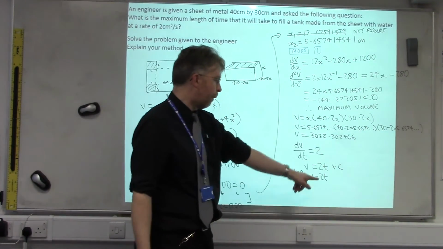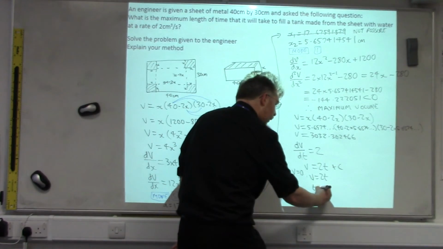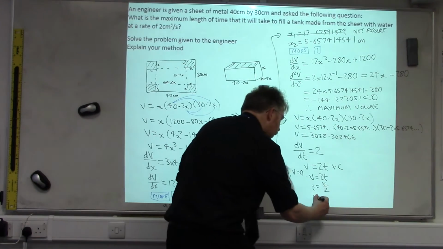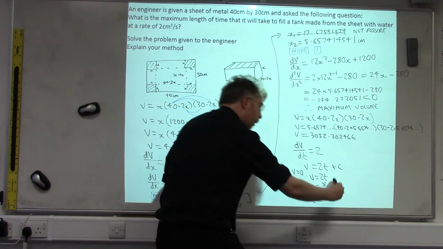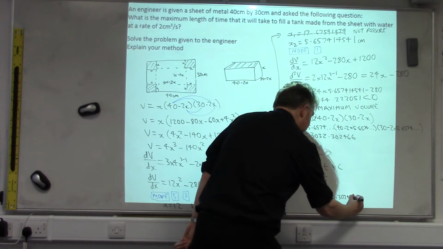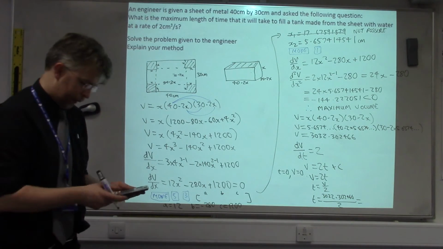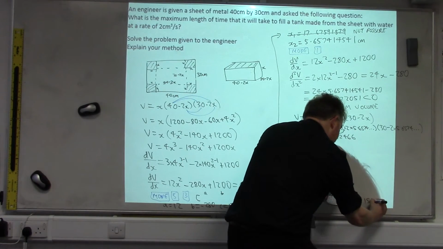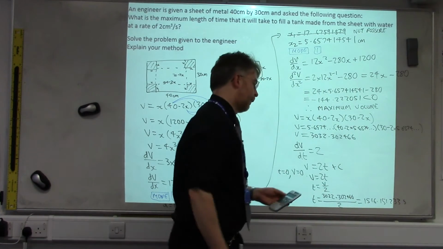Now we've got a volume and we want to find the time. So rearranging that equation, T will equal V divided by 2. So T equals 3032.302466 divided by 2, which is 1516.151233 seconds.